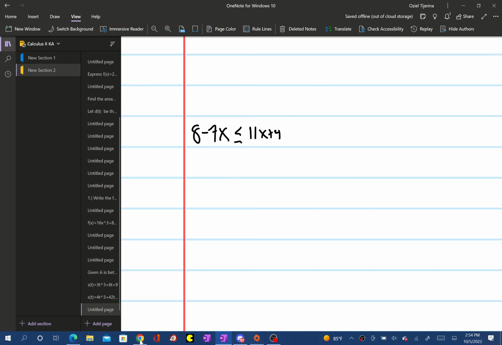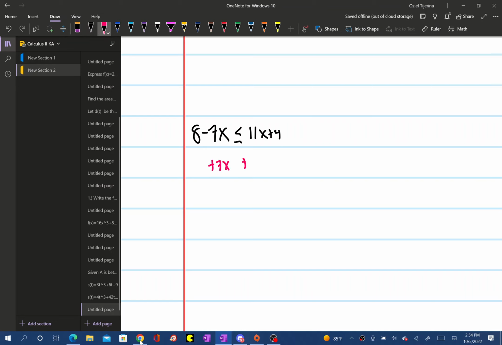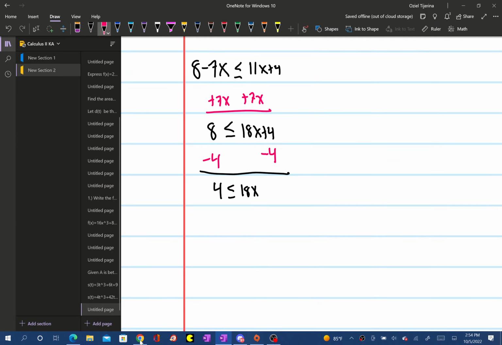So if we add 7x on both sides, we get 8 is less than or equal to 18x plus 4, and then subtract 4, we get 4 is less than or equal to 18x, and then divide both sides by 18. That should give us that.